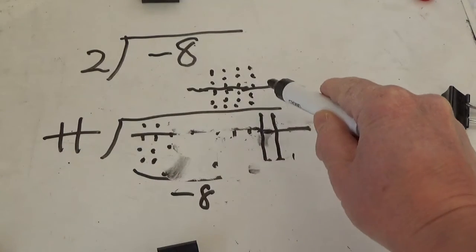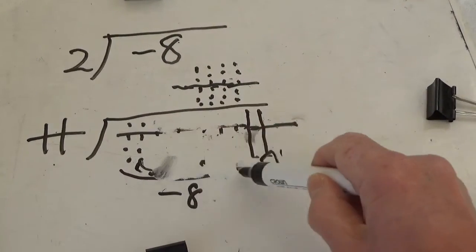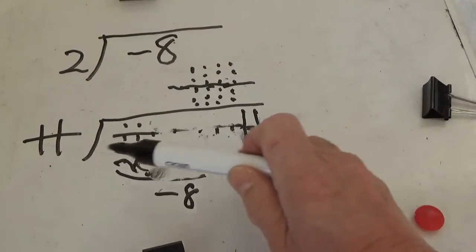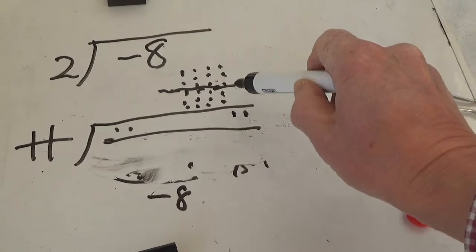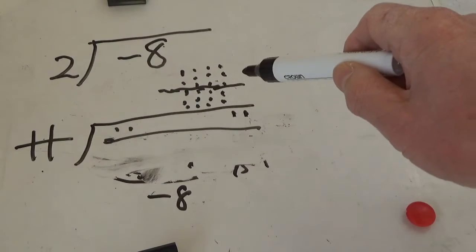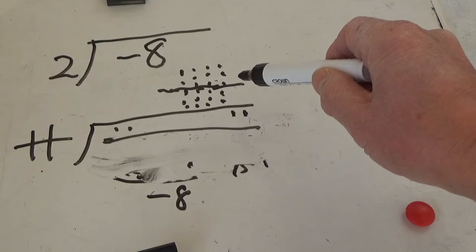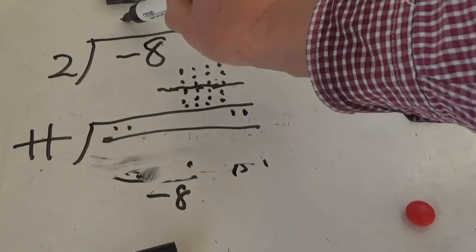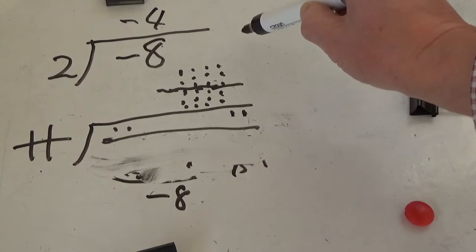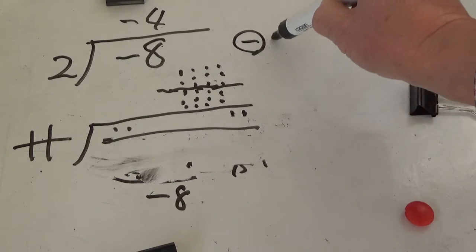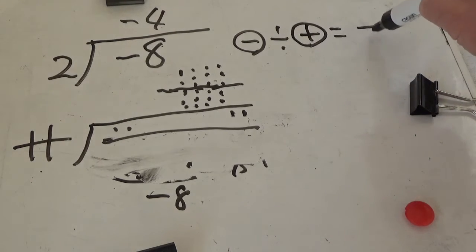So I will add once further. This vanishes and this vanishes and it becomes 0. So from minus 8, 2 can be subtracted minus 4 times until it becomes 0. So minus divided by plus equals minus.